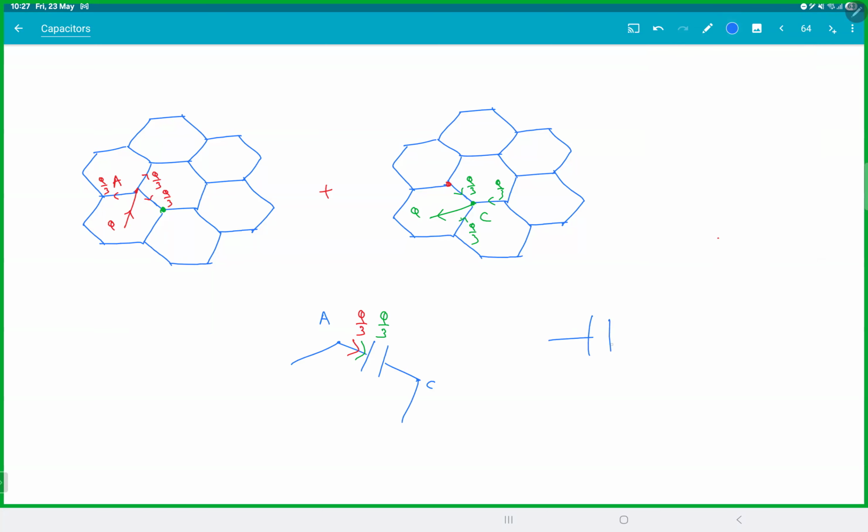So the capacitor between A and C will have 2Q by 3 minus 2Q by 3. So VA minus VC, the potential difference, is 2Q by 3C. So C equivalent is nothing but charge sent through the battery divided by potential difference, 3C by 2. Clear?